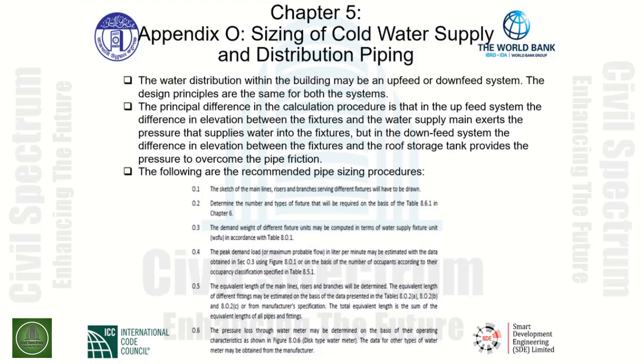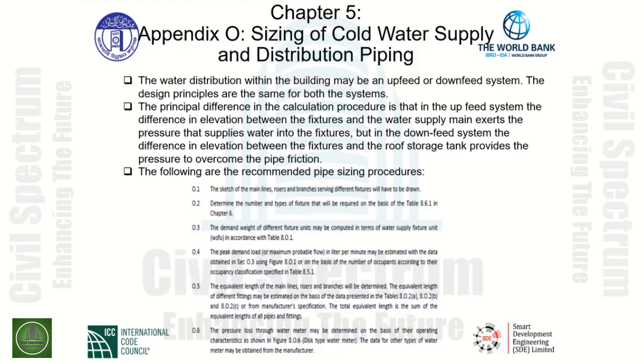The principal difference in calculation procedure is that in the upfeed system, the difference in elevation between the fixtures and the water supply main exerts pressure that supplies water into the fixtures. But in the downfeed system, the difference in elevation between the fixtures and the roof storage tank provides pressure to overcome the pipe friction. The following are the recommended pipe sizing procedures.